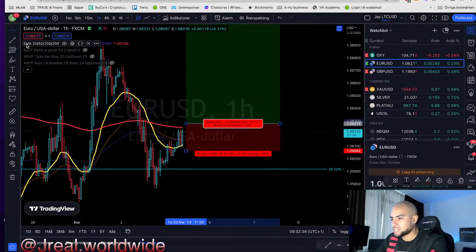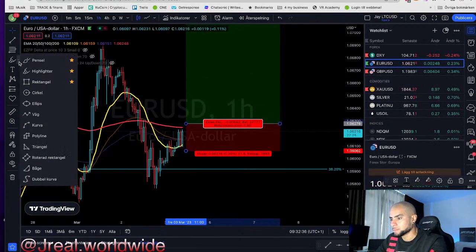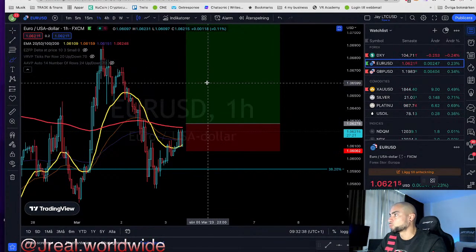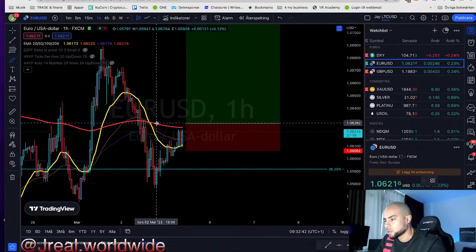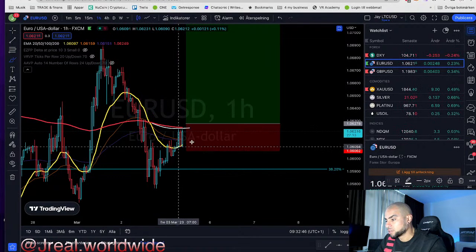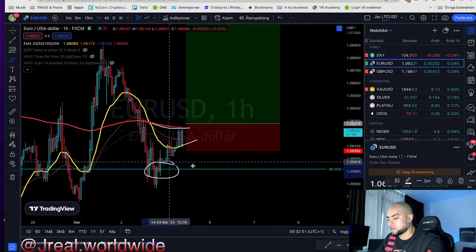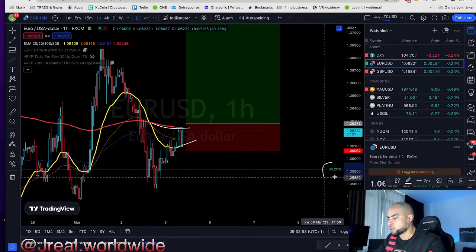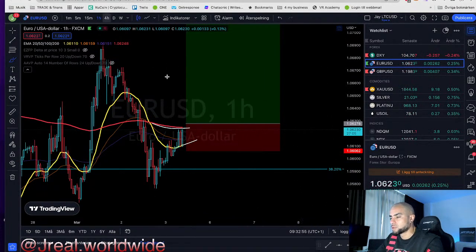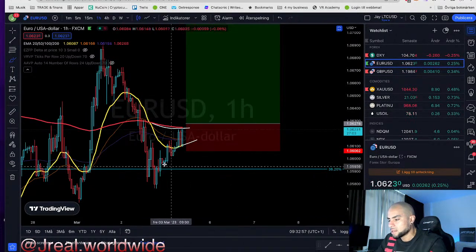But if we break out of that squeeze, we definitely have a trade here. Let me explain. We have the same situation as with gold, all right? I told you gold is being squeezed right now. It's looking like it wants to pop out, but hasn't done so yet. So we have the same situation here. We have the 200-day EMA. We have the 20-day EMA. We have the 38.2 Fibonacci retracement from the big sequence that I showed you.